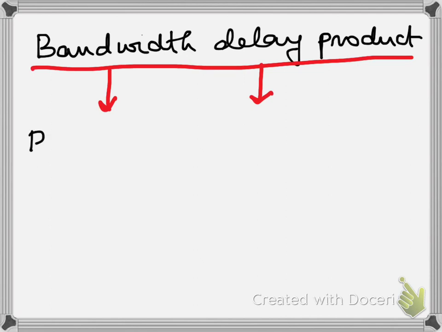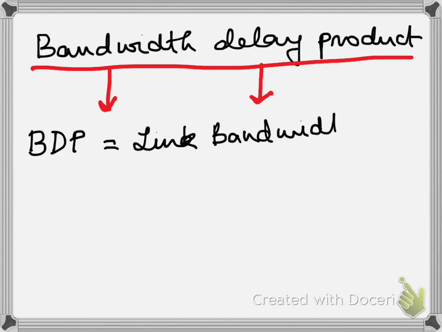So bandwidth delay product, or BDP, is a product of the link bandwidth, the bandwidth of the link, and the link delay.